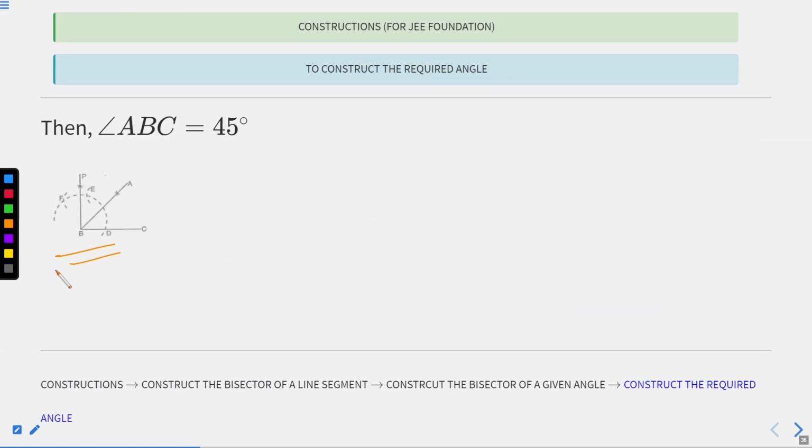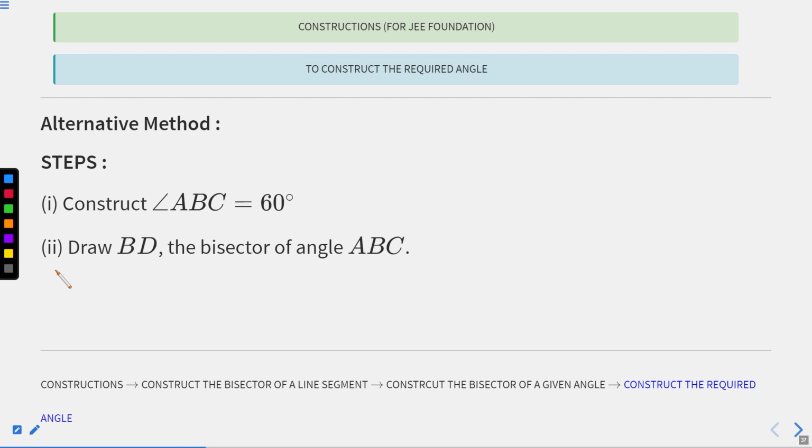Okay, let's move on to the next. Now the alternate way is to construct the 60 degree angle. For a 60 degree angle, just take any line segment, take an arc with more than half of this line segment, make the same mark here, join them, get your 60 degree angle and bisect it.